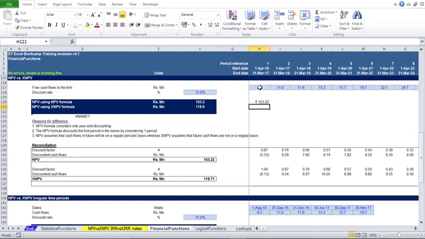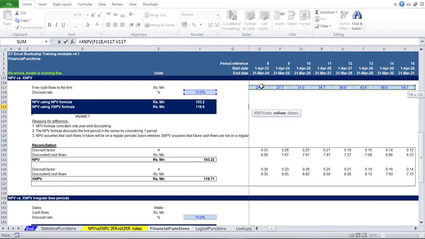Now let's use the XNPV function, equal to XNPV. XNPV returns the net present value for a schedule of cash flows. Now let's look at the syntax of the XNPV function. The first argument is rate, which is similar to the NPV function, so we link the rate, then press comma. The second argument also is the same as the NPV function, which is the values, so we link the series of cash flows and then press comma.